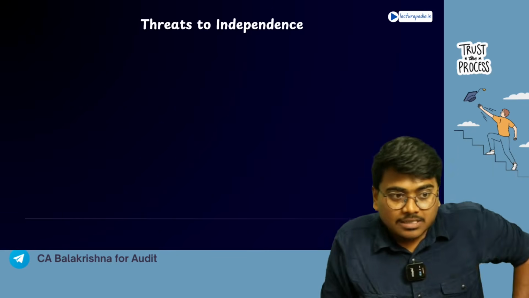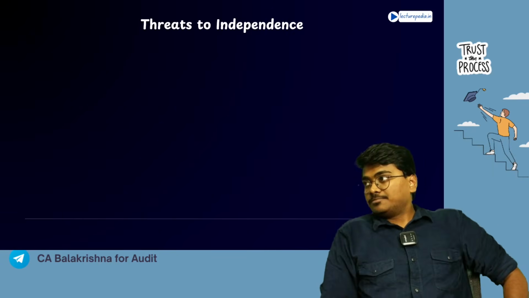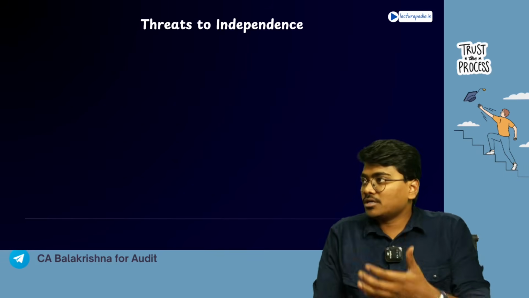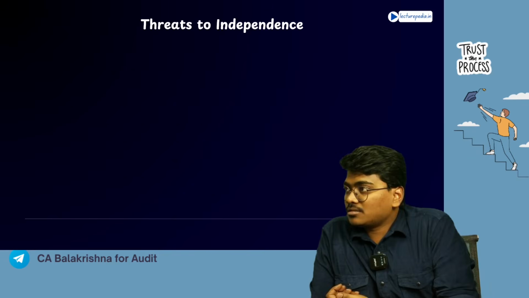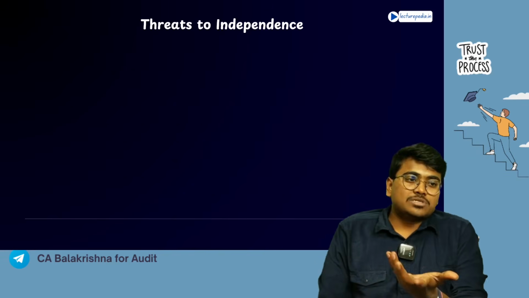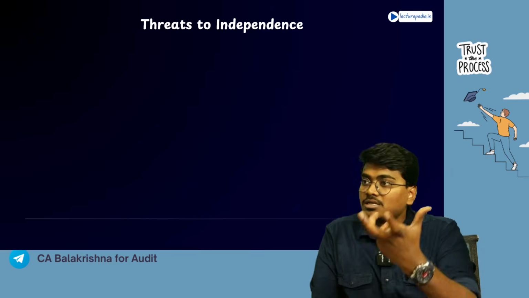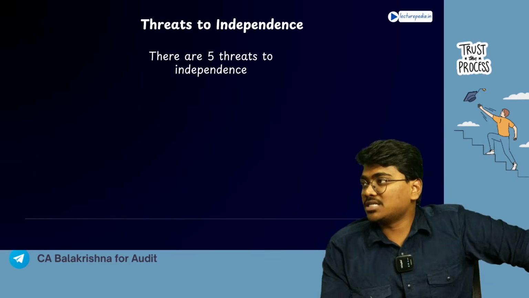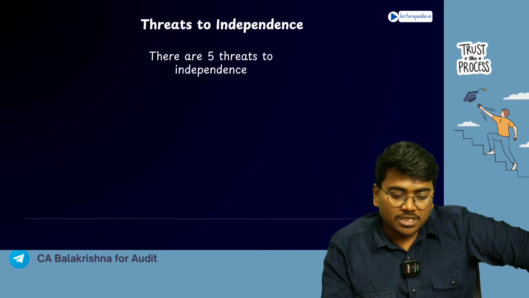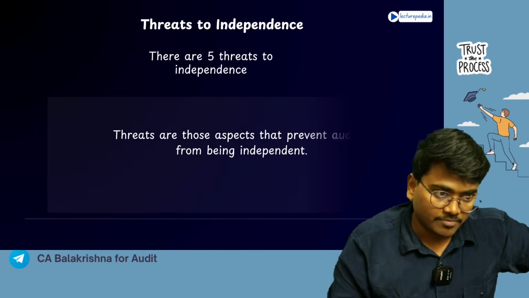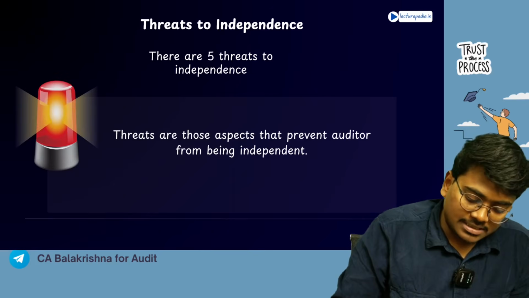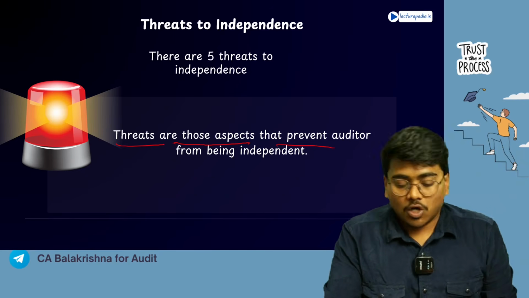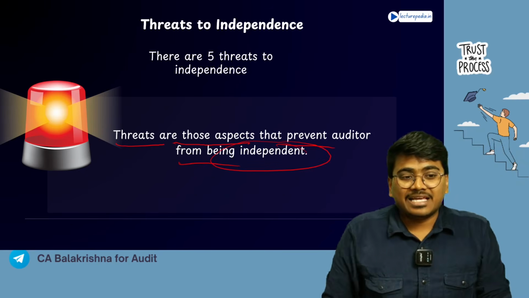Now, threats to independence. What is meant by a threat? As I've already told, any situation in which you might lose independence is known as a threat to independence, and there are 5 threats to independence. What are these 5 threats? Let's see. First of all, threats are those aspects that prevent the auditor from being independent.